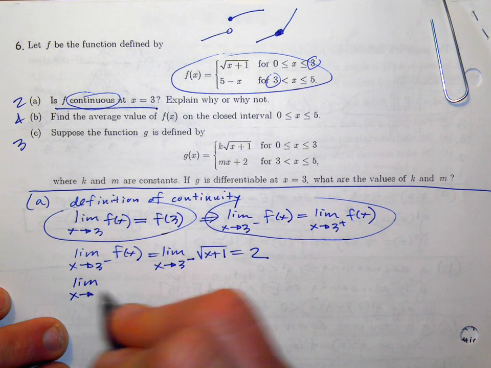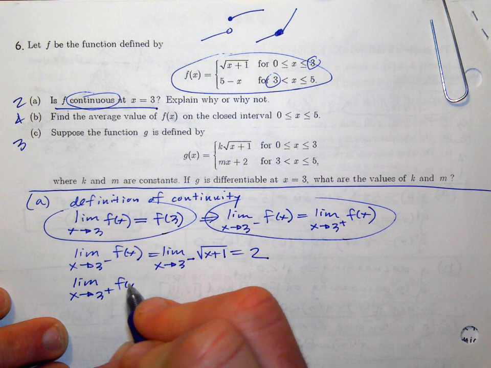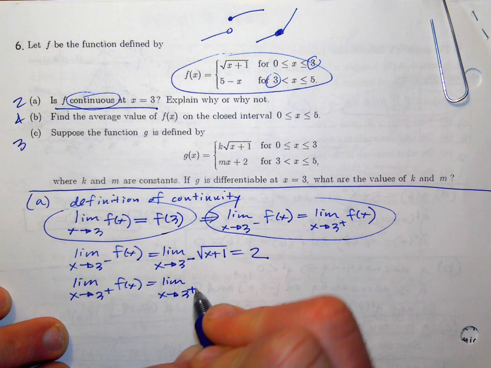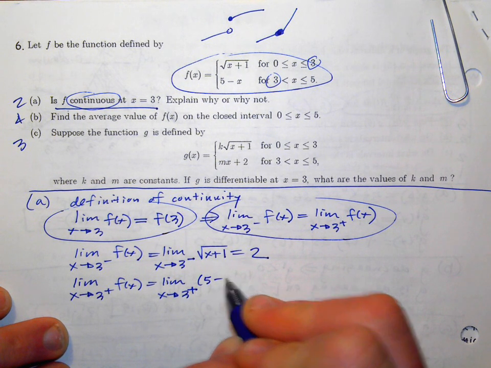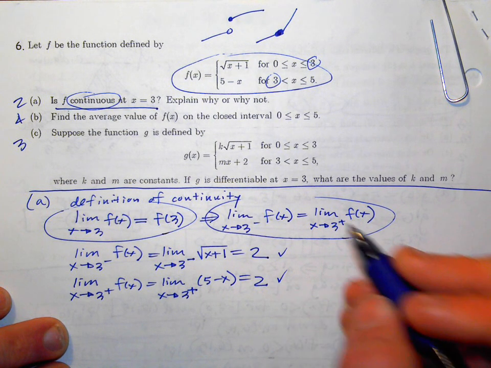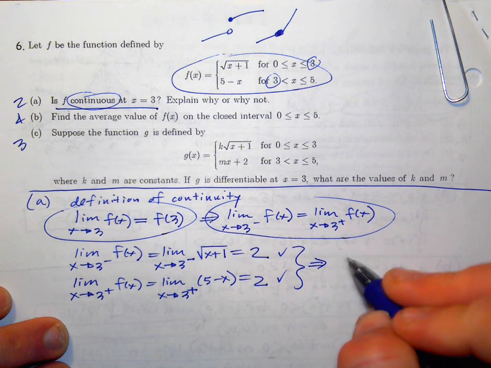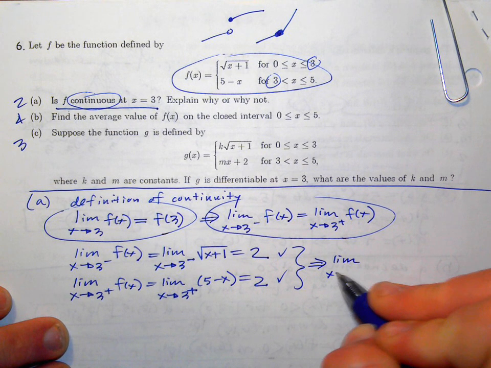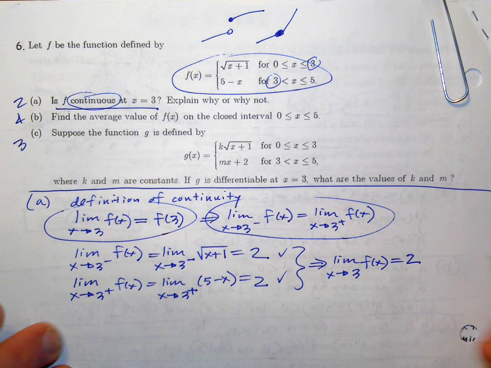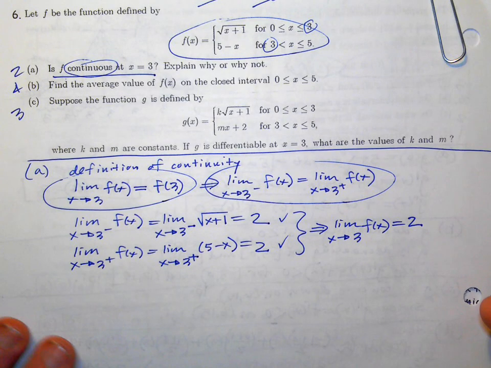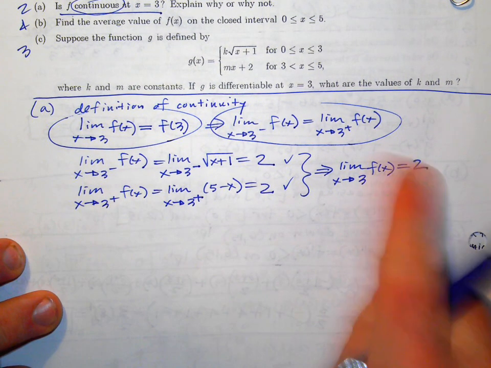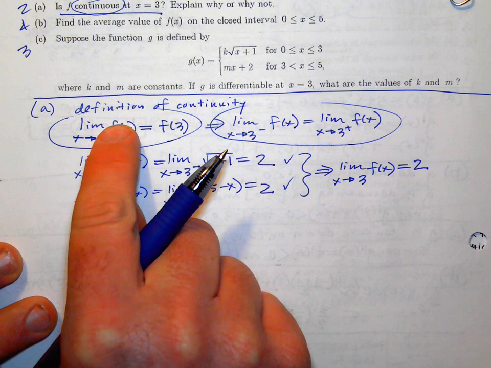As x approaches 3 from the right side of f of x, we get the limit as x approaches 3 from the right side of 5 minus x, and we get 2. And they're equal to each other. So this shows you that the limit as x approaches 3 overall exists, and it's 2. You guys remember that limits are two-sided, and the two sides have to agree for the overall limit to exist. So all that work was to get part of this.